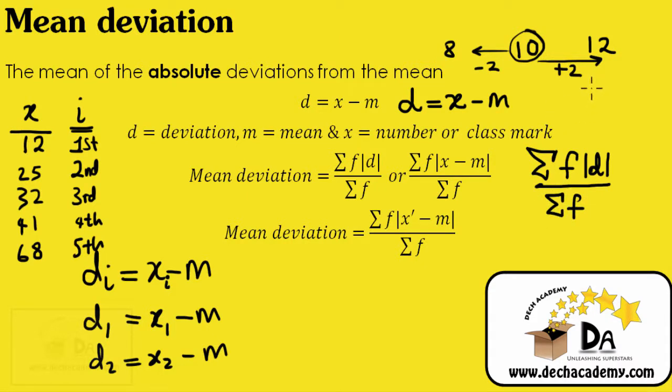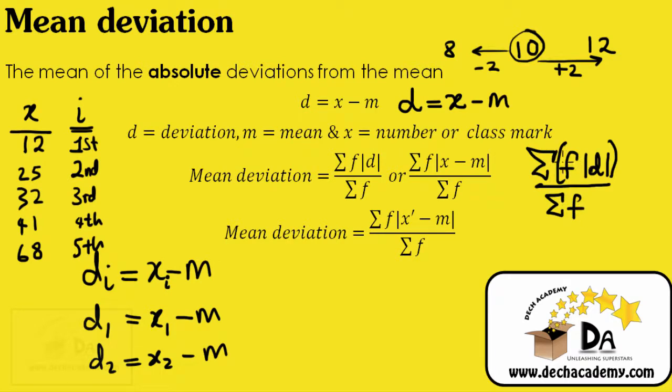So if we're talking about discrete data, you take every member of the distribution, you find the deviation of each member, and for each member you multiply the magnitude of the deviation by the frequency, then you sum up all of these, and then you divide by the sum of the frequency.